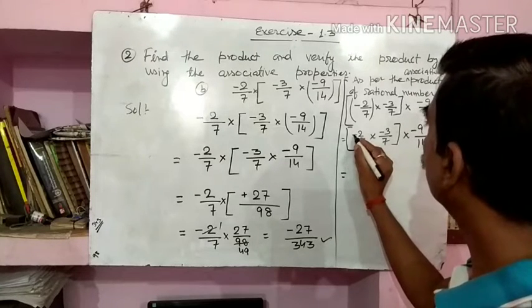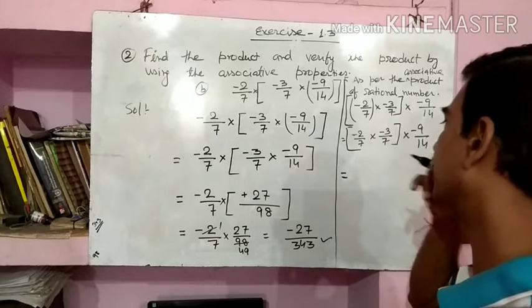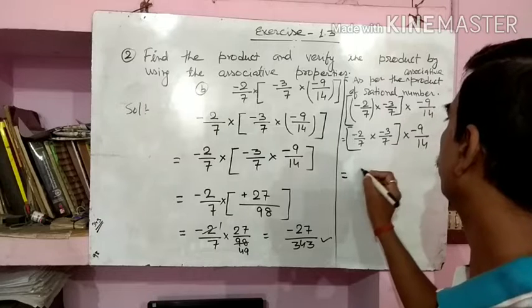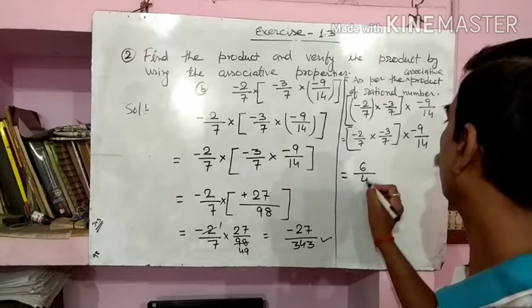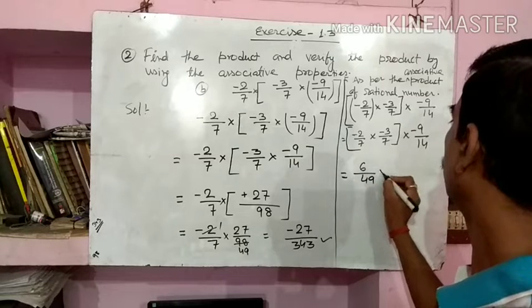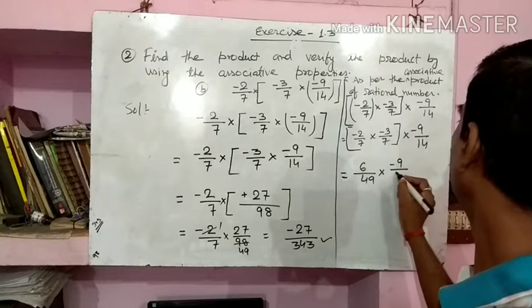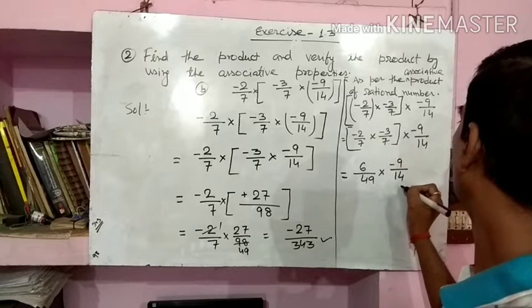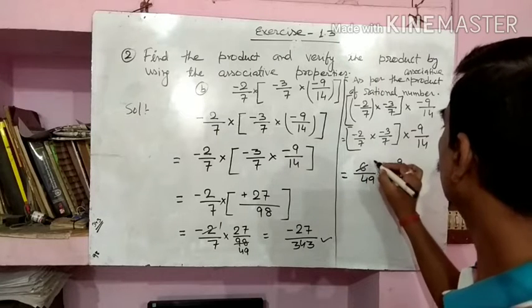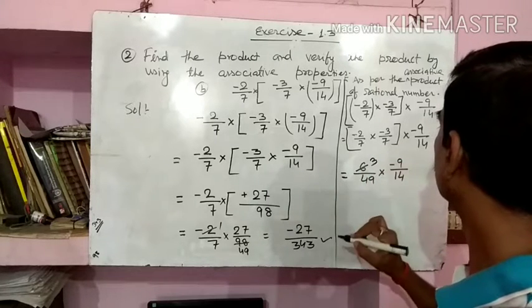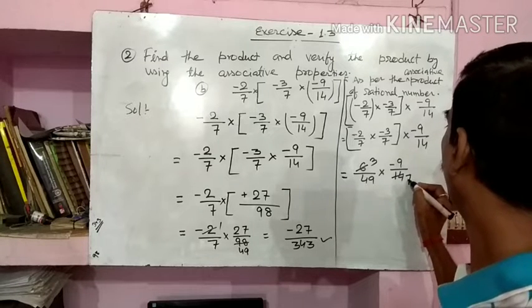So this one is negative and this one is also negative, so after multiplying these two you will get a positive result. So it becomes 3 2s are 6 by 7 7s are 49, into minus 9 by 14. So you can divide this: 2 3s are 6 and 2 7s are 14.